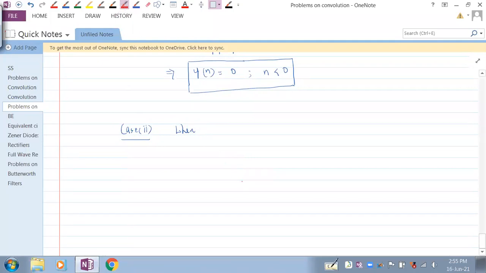See here, this is your stationary signal. Fine. Which ranges from 0 to 4. Understand? Now we have another signal, which is this.